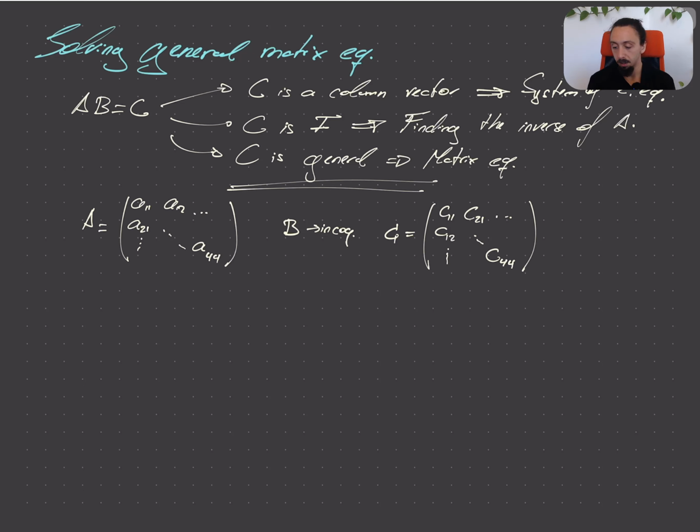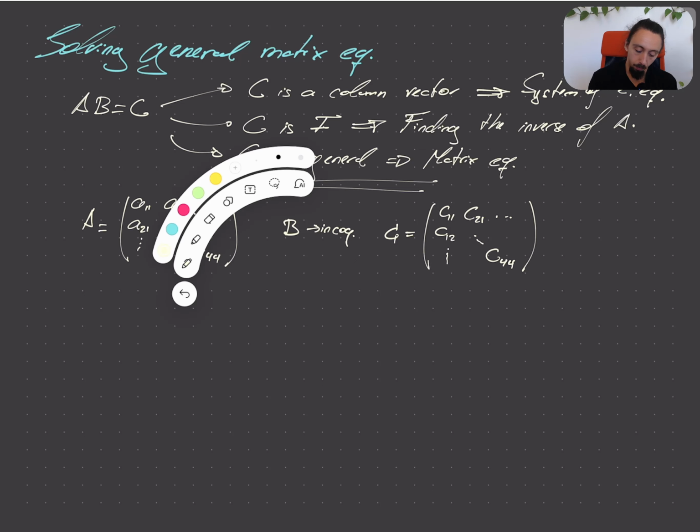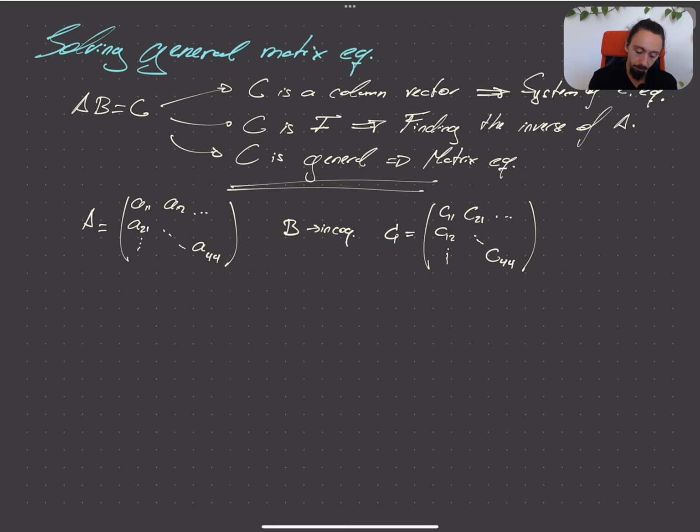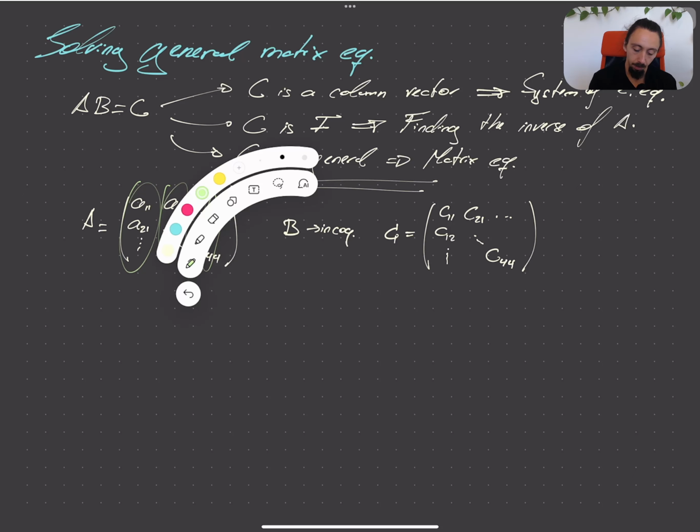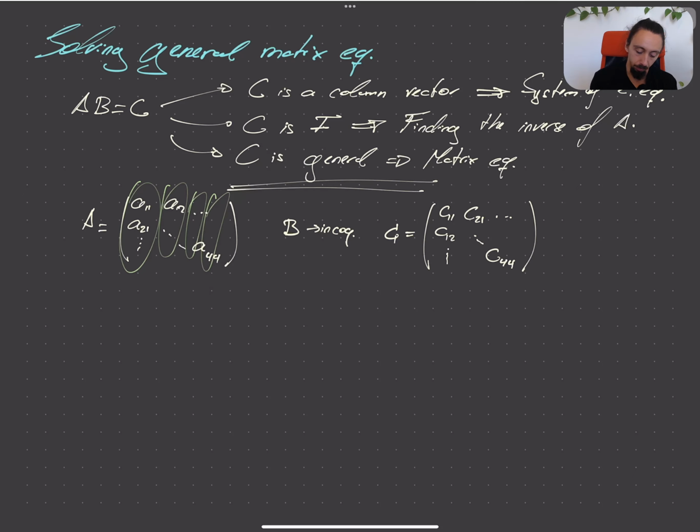So the key here is the following. We take the columns of A, and we form the vectors R sub i equals the sum over j of A_ji e_j.